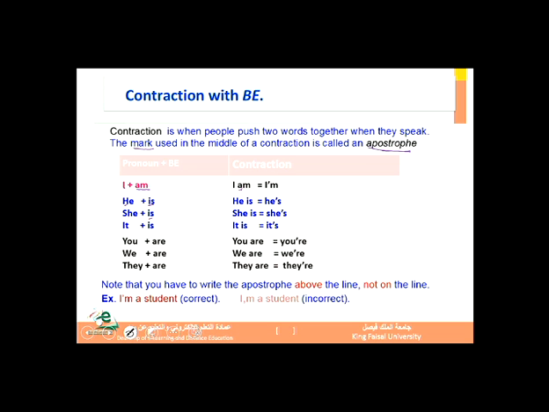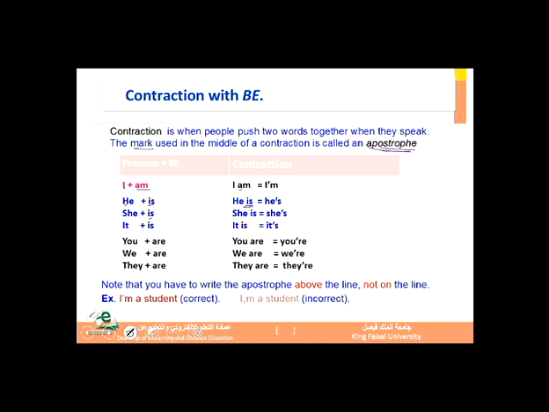Similarly, in the case of he is, I push he and is together, so I say he's. The i in the verb to be has been replaced by the apostrophe. She is, she's. And it is, it's. And so on and so forth.